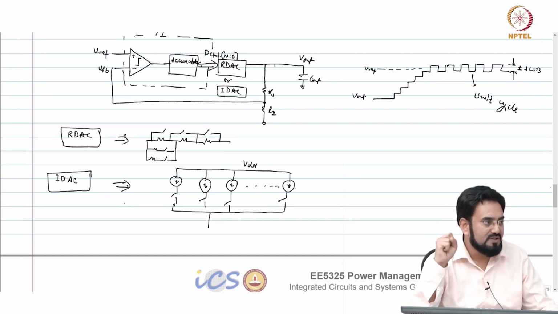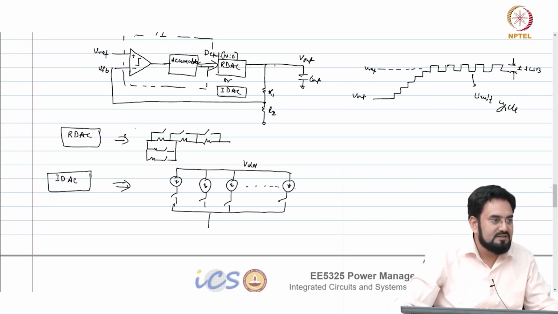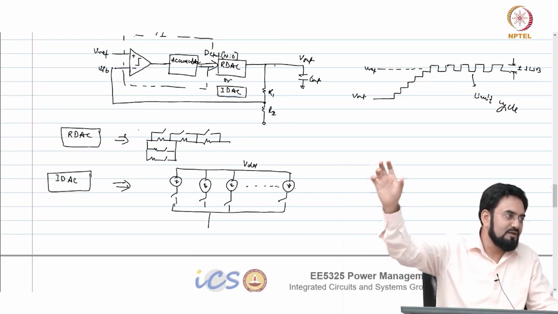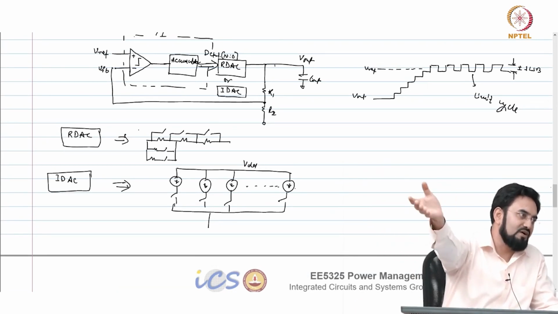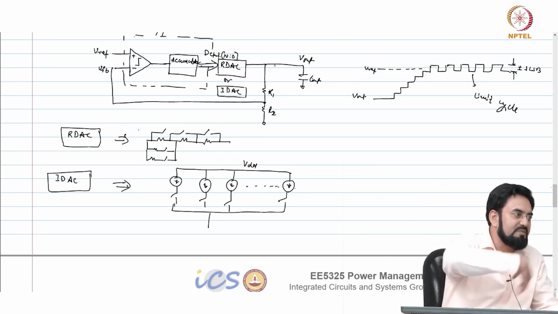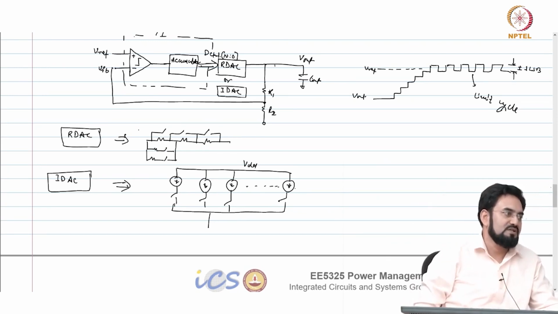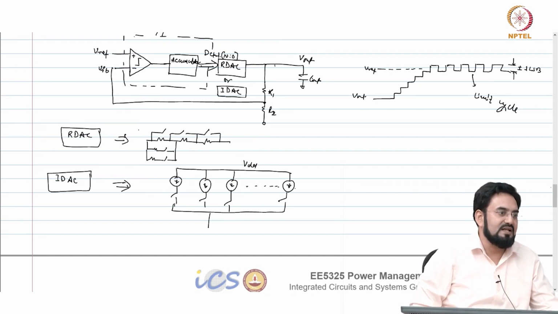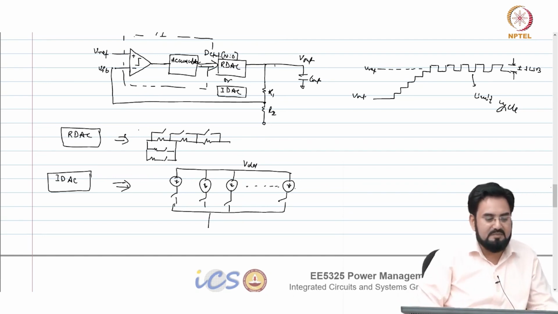So, whatever your load requirement is, you cater through this digital code, and 1 LSB or 2 LSB load you make shift to the analog. In that case, whatever error is left by this, that will be corrected by the analog loop. So, you will get a resolution as good as analog, but you will get it more like a mixed signal kind of technique, but digitally.